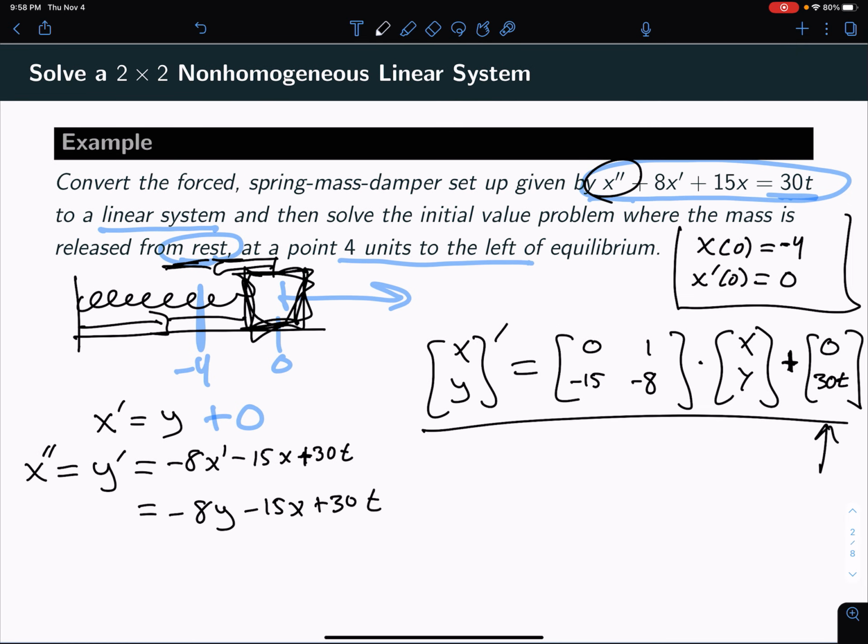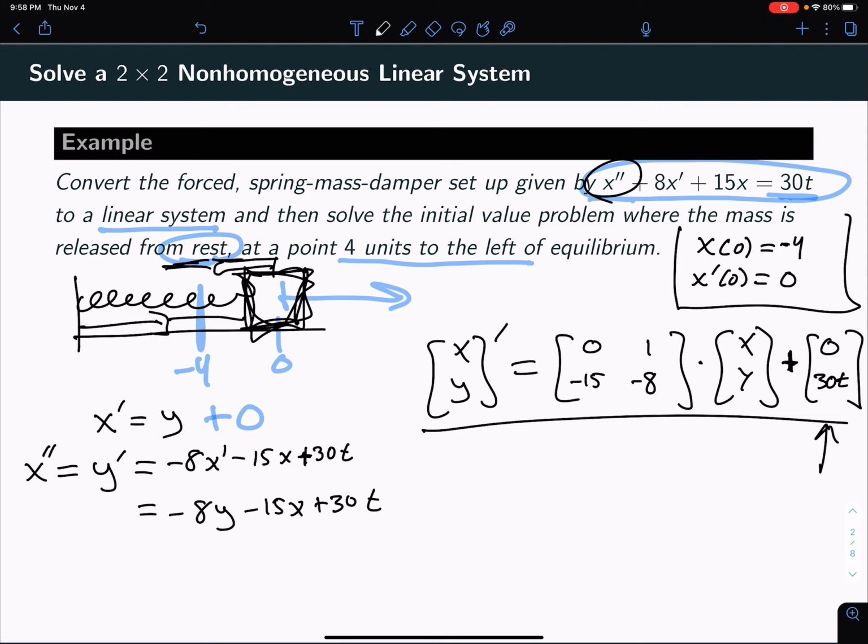Well, let's go back here. What kind of a forcing term do we have? The forcing term is 30t, showing up in x double prime there, right?